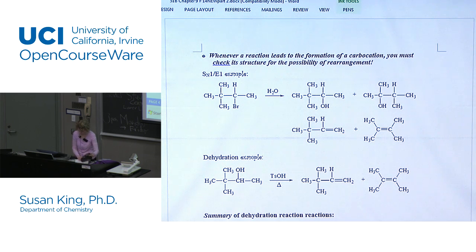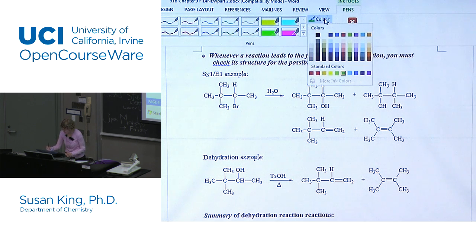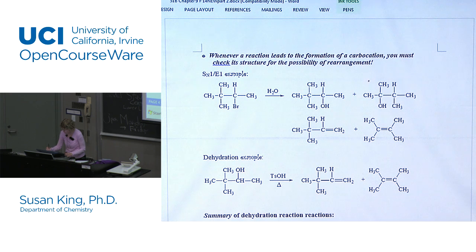Okay, so these are the expected products. The ones that are from rearranged carbocations, I'm going to put an asterisk next to them. So this one here, that one here. Which product is major? What do you think?